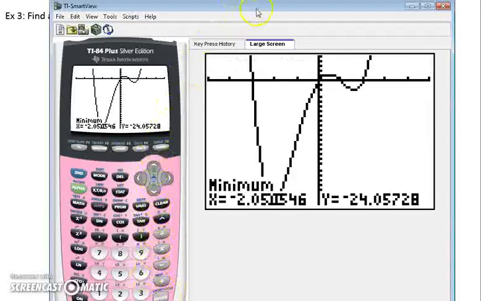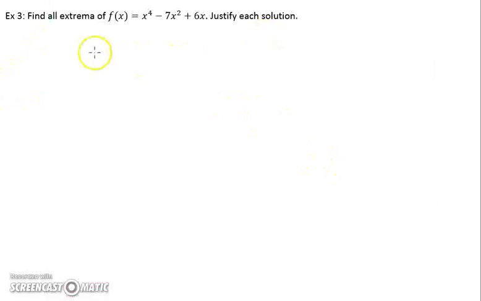Now you'll see that the function has its minimum at x equals negative 2.051, but the y value, the minimum itself, is negative 24.057. So we would copy that into a point. I don't remember what they were, so I'm just going to hit x, y.